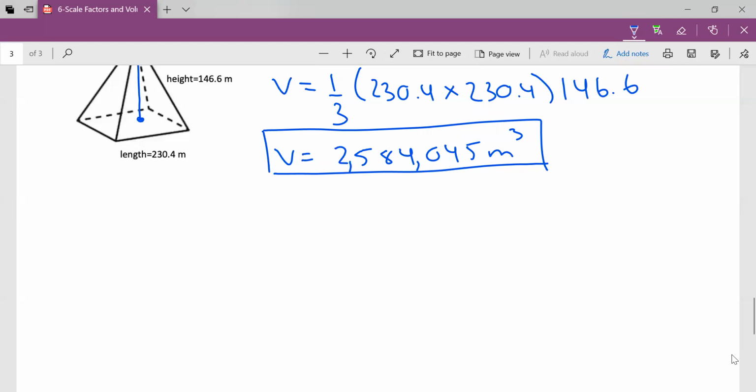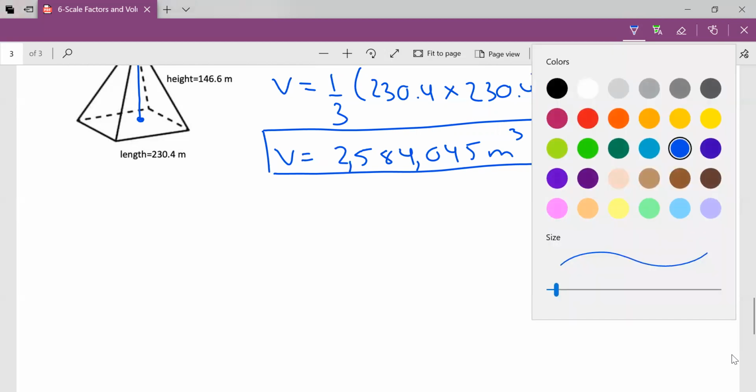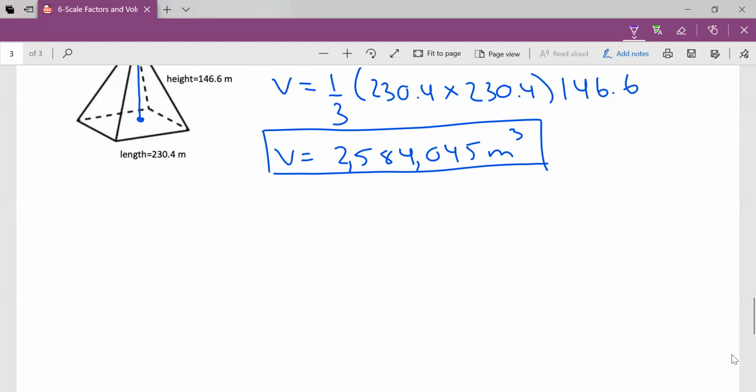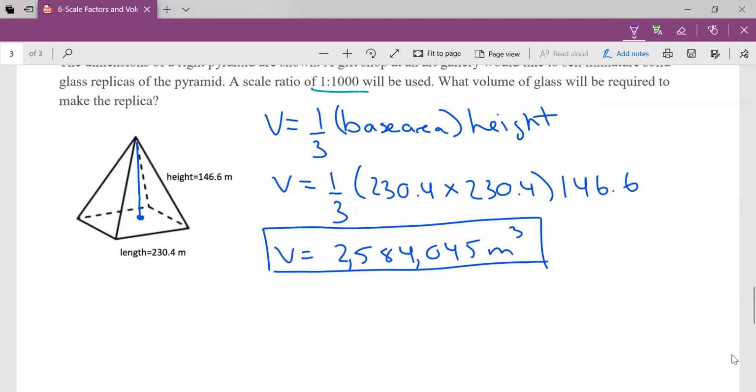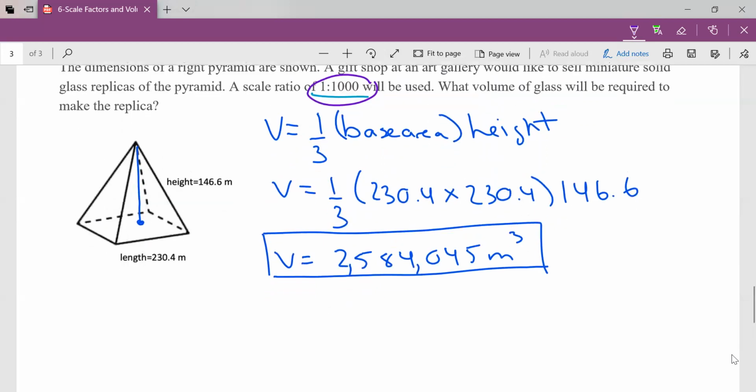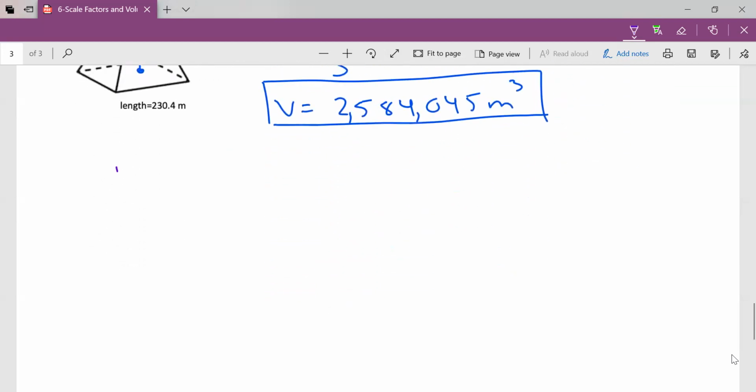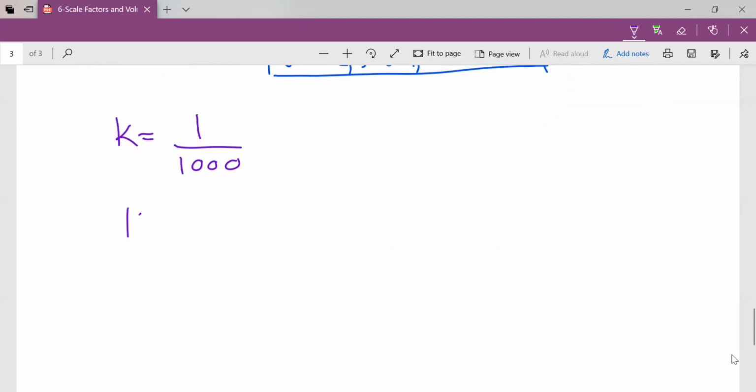I've been lucky enough to have been able to visit Egypt, and those pyramids are enormous, amazing feats that someone created those things. So now we're going to use our old volume and our scale factor. Our scale factor comes from here. What this tells us is our scale factor is 1/1,000 because we're shrinking this thing. So now we use our formula.